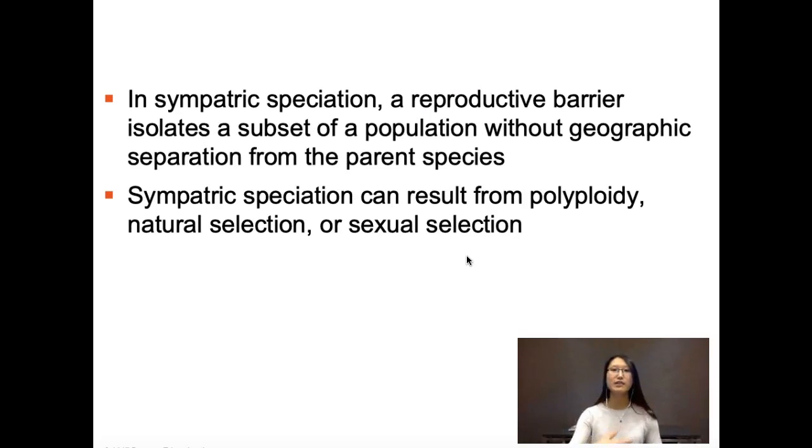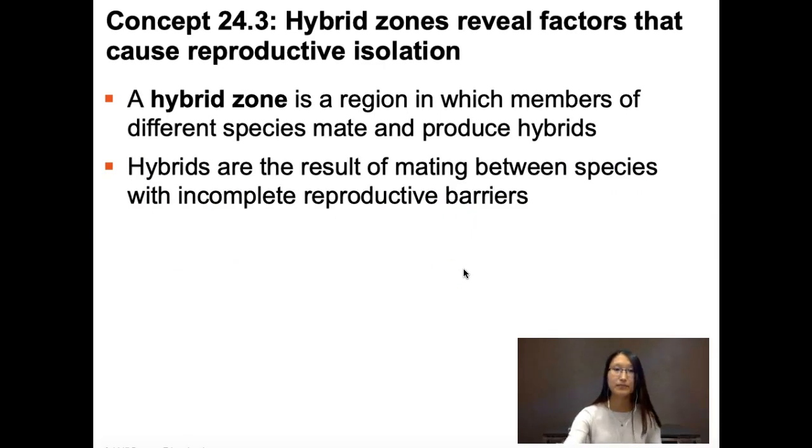Now, sympatric speciation: you would have a reproductive barrier isolating a population without geographical separation. So you have the same gene pool, sort of. They live in the same area. However, there could still be a reproductive barrier happening through these three possibilities: polyploidy, natural selection, or sexual selection. That's it.